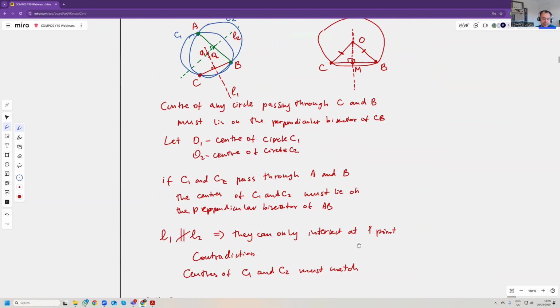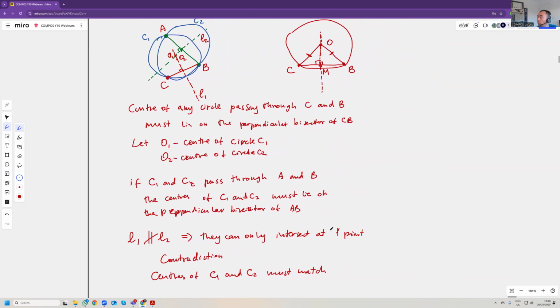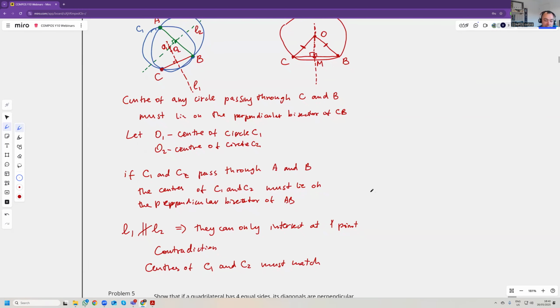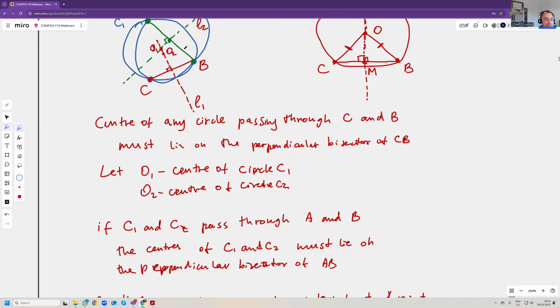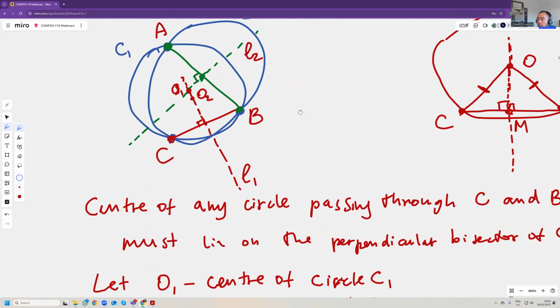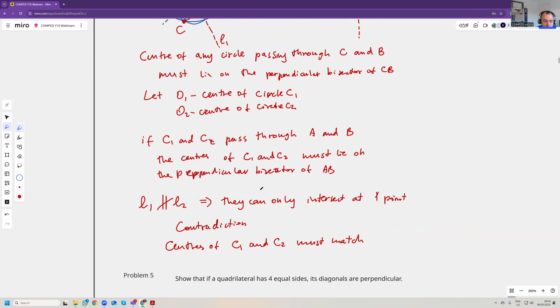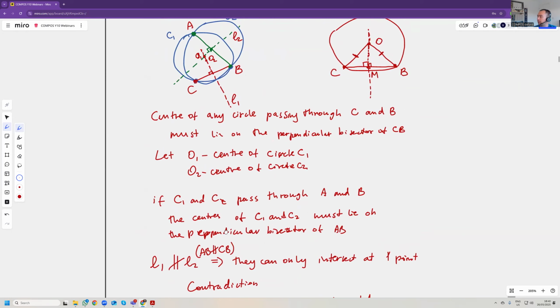All right, so we know that the centers of the circles must match. That's the first thing. Now, could they have different radius? Well, a very quick inspection will show you that no. Because AB is not parallel to CB, therefore the perpendiculars are not parallel.